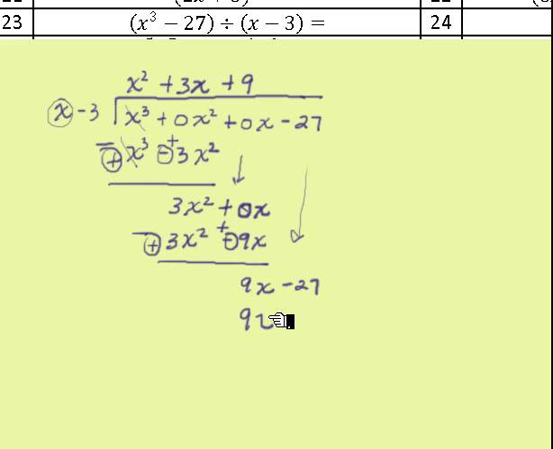Multiply, and we get 9x minus 27. So when we subtract, we get 0. Remainder 0. So that means that x minus 3 goes into x cubed minus 27 evenly.